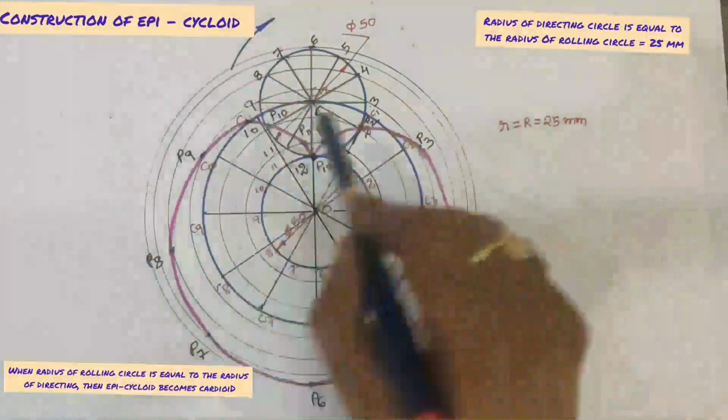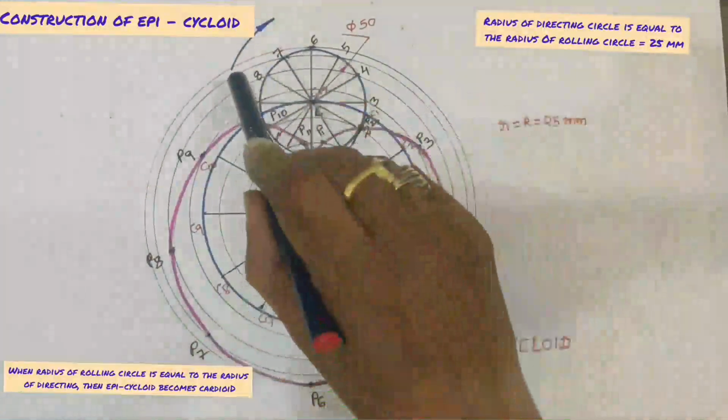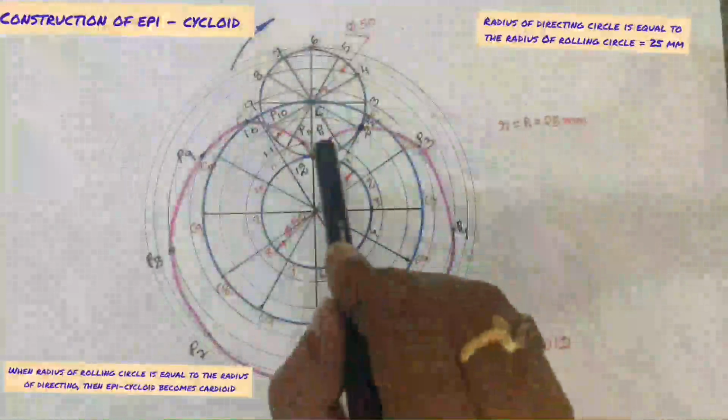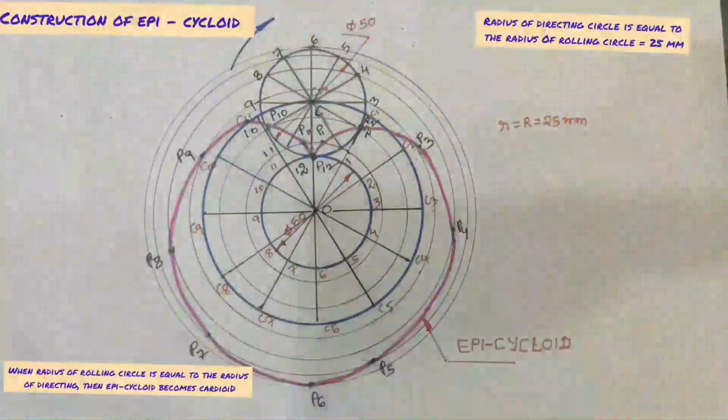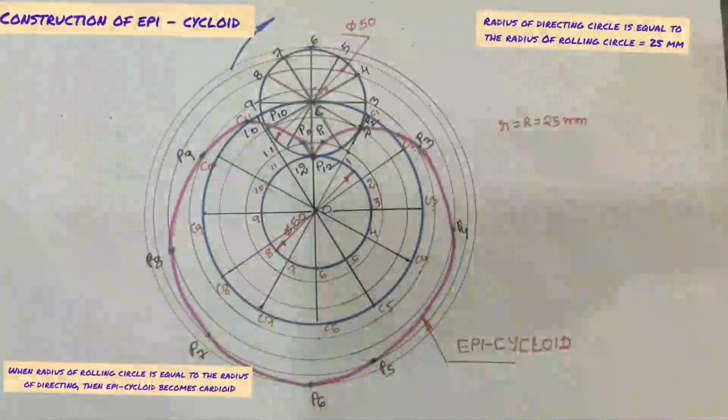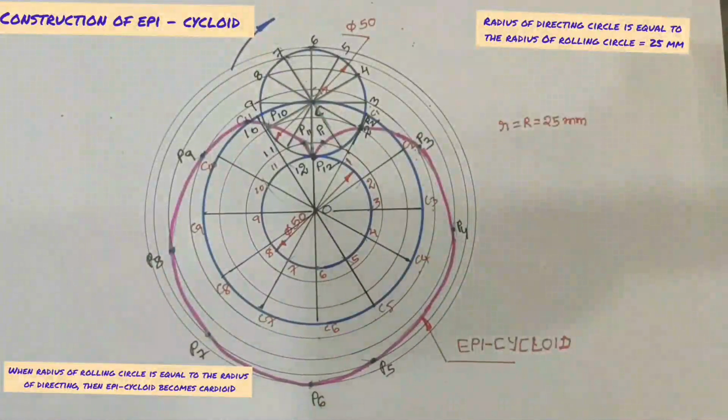Here in this problem, this rolling circle rolls clockwise direction and radius of the rolling circle and radius of the directing circle are equal and the epicycloid curve obtained is a cardioid.